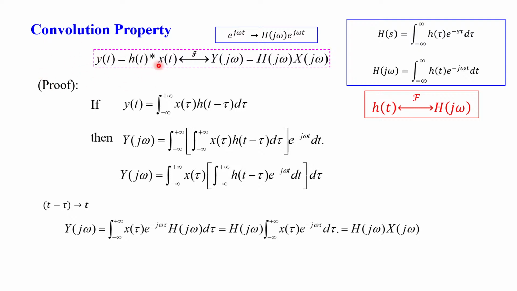You have an LTI system characterized by small h, and when you input x, you output y, which is equal to a convolution here. So this relationship tells you that you can find the Fourier transform of your output signal very easily by just multiplying the Fourier transform of your input signal and the Fourier transform of your system function, which you write as big H. And now you think this might be a bad notation because we also had something called big H before in chapter 3, right?